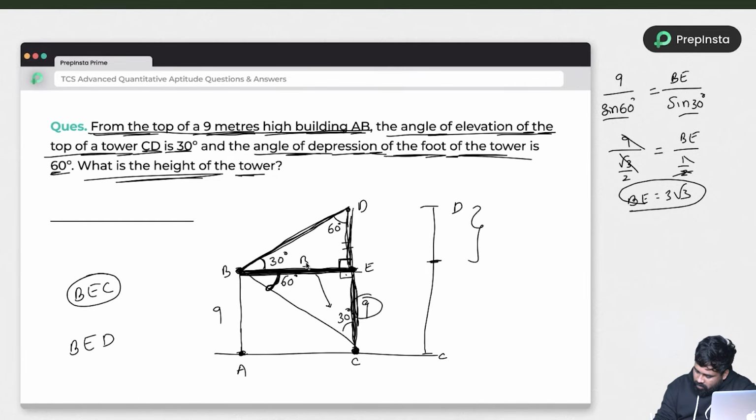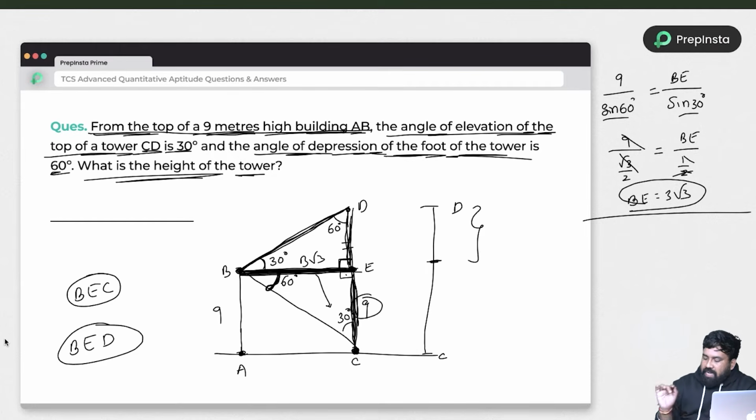And we will use the same formula for BED, which is 3 root 3 divided by the opposite angle, which is sine 60, is equal to the required answer DE divided by sine 30.